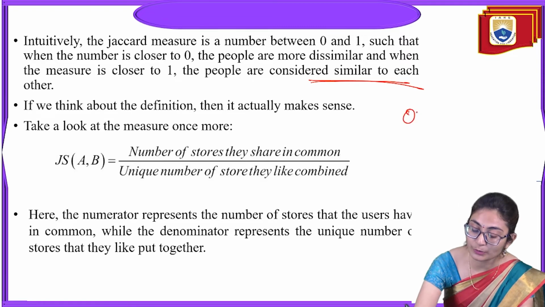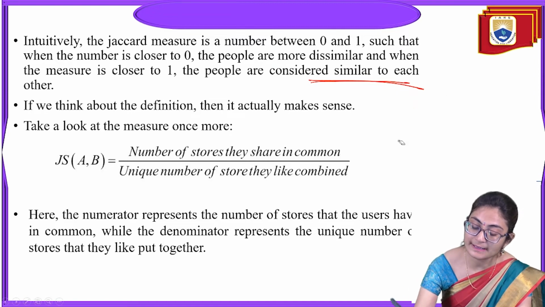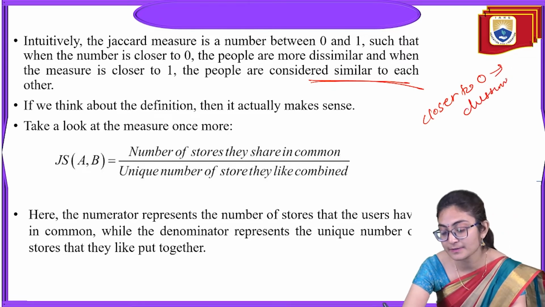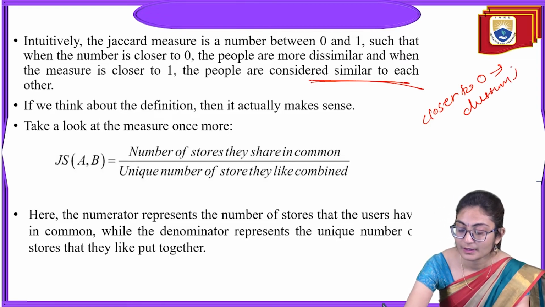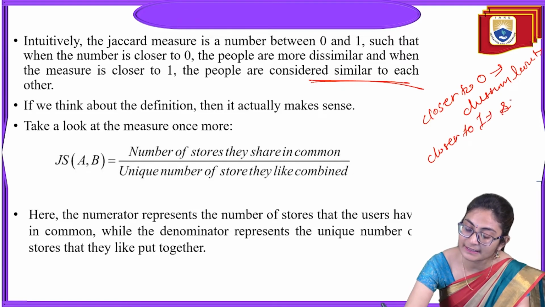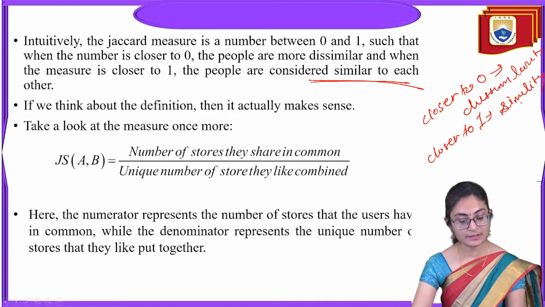When it is closer to 0, it shows the dissimilarity between the elements. And when it is closer to 1, it shows the similarity between the elements.